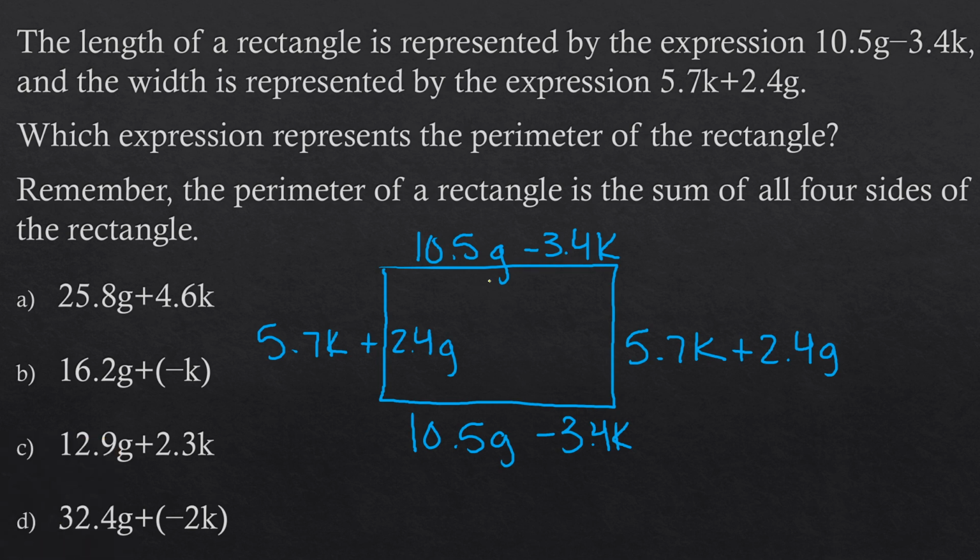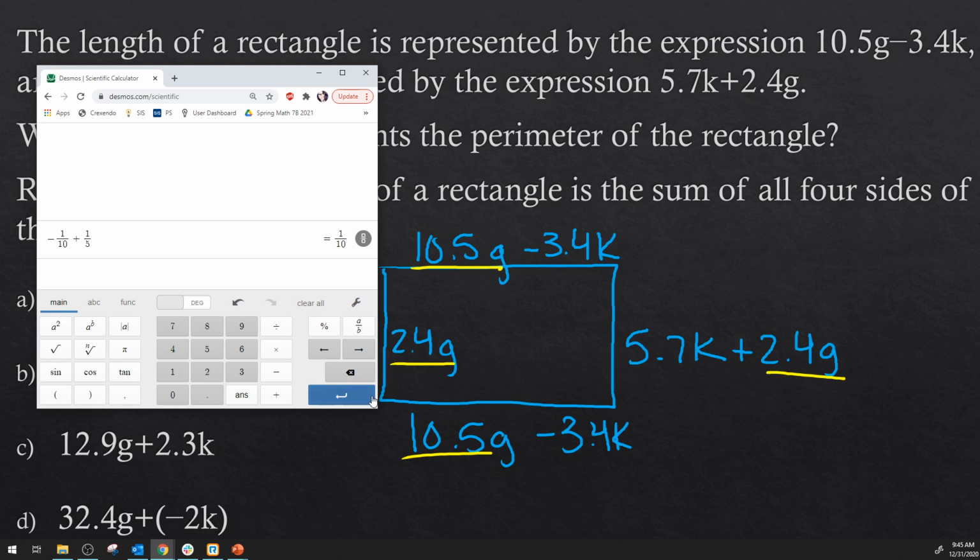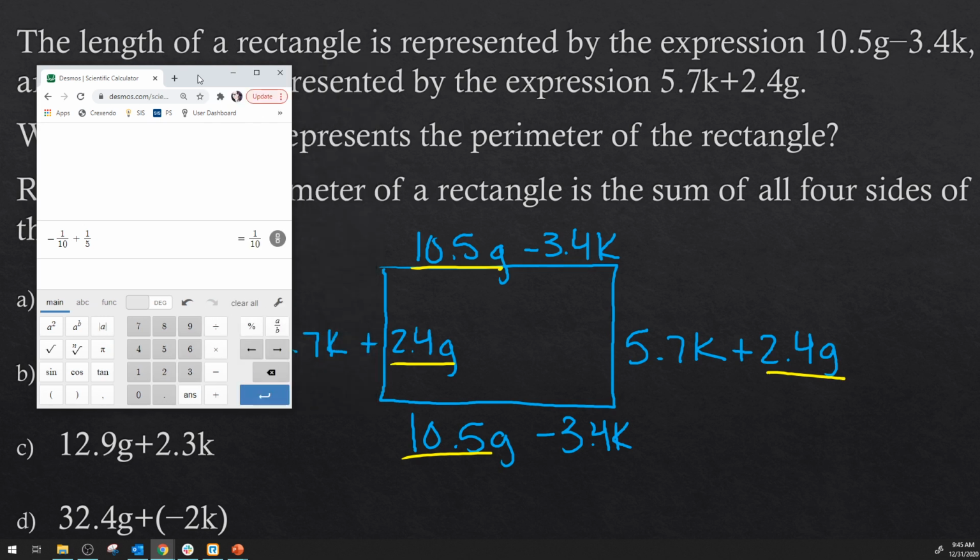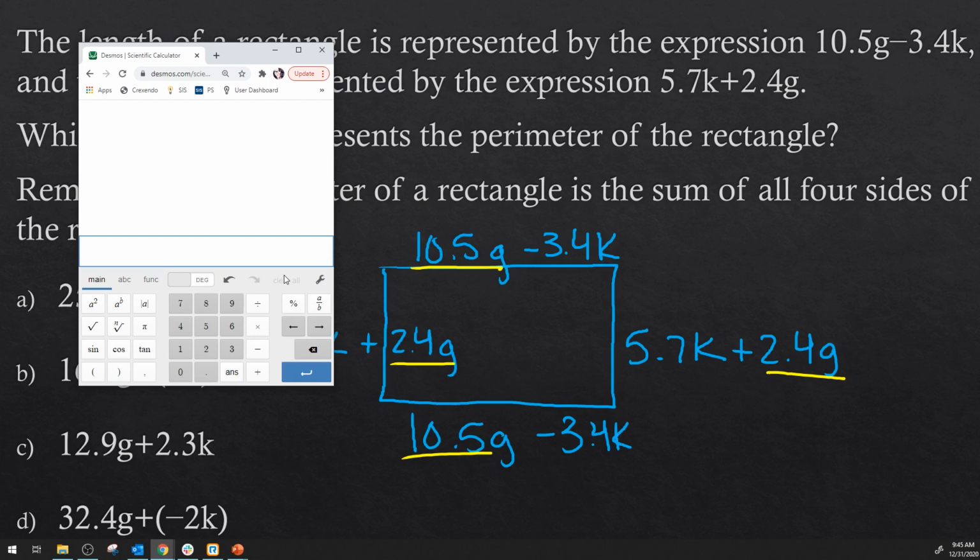So that's what we're going to do. We have a 10.5, 2.4, 10.5, and 2.4. So we're going to add together all of those numbers attached to our g variable. And when we do that, that is going to tell us our final answer.